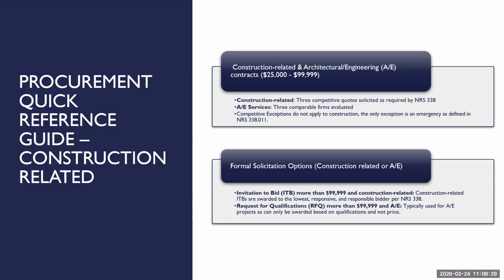We require that we evaluate 3 firms for that, because we're not permitted to award those based on the lowest price. Now, the last portion, anything that's over the $999, that's construction related or the architect and engineering services, those need to be formally solicited from there.